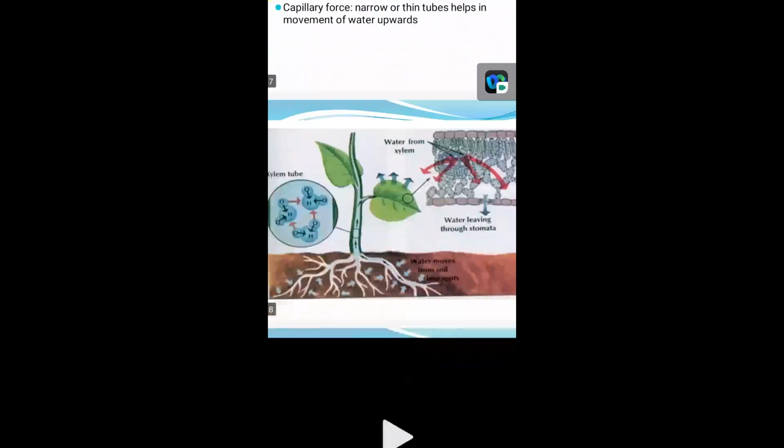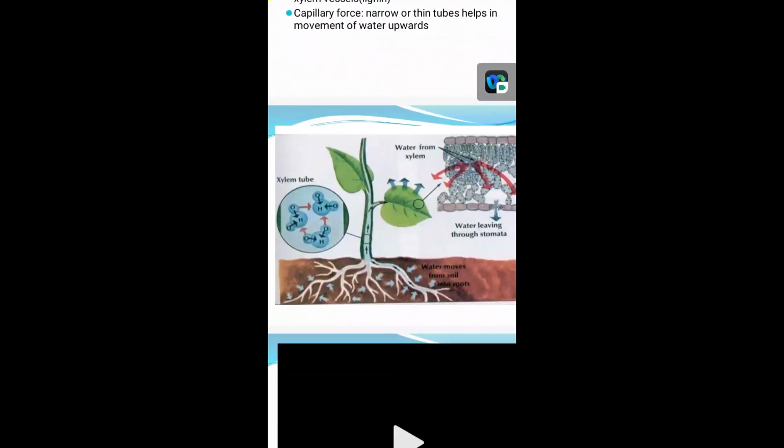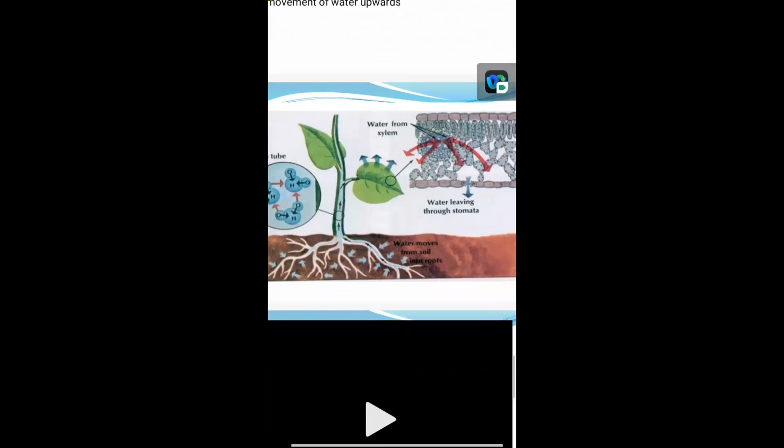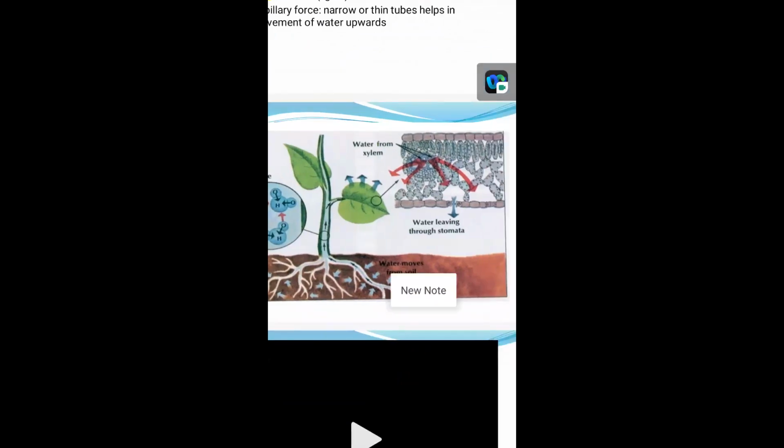Now here the concentration of water vapor in the atmosphere is lower than that of the intercellular spaces of the leaf. You can see in the diagram, the concentration of water vapor in the atmosphere is lower than that of the intercellular spaces. It means in the atmosphere there is little water vapor, but in the leaf there is a high amount of water vapor. Due to this difference, the water vapor diffuses from the intercellular spaces to the atmosphere.